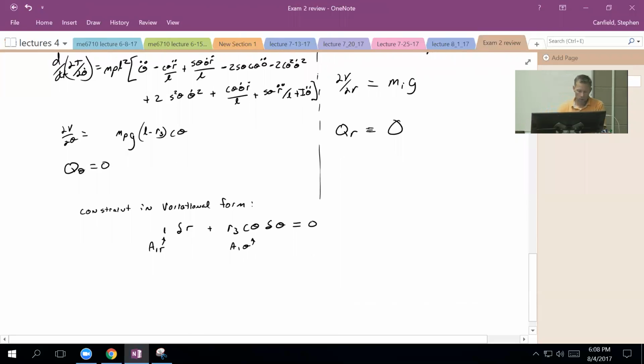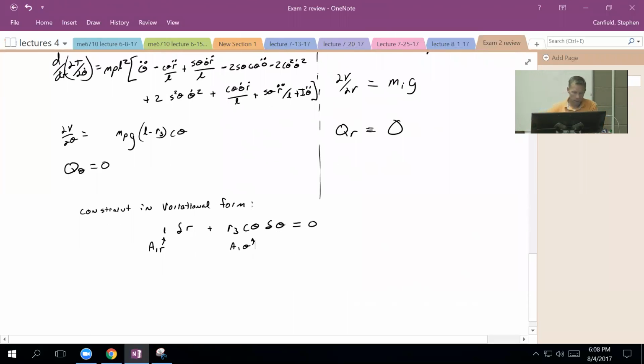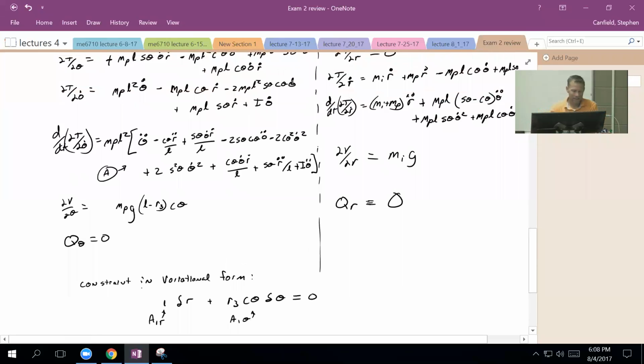Now I write my Lagrange multipliers, or my Lagrange's equation. So on the left-hand side, I need MPL squared times all of this stuff. Do I really want to write that down again? No. I'm going to call this A. So it's A, I'm cheating here, minus this thing.